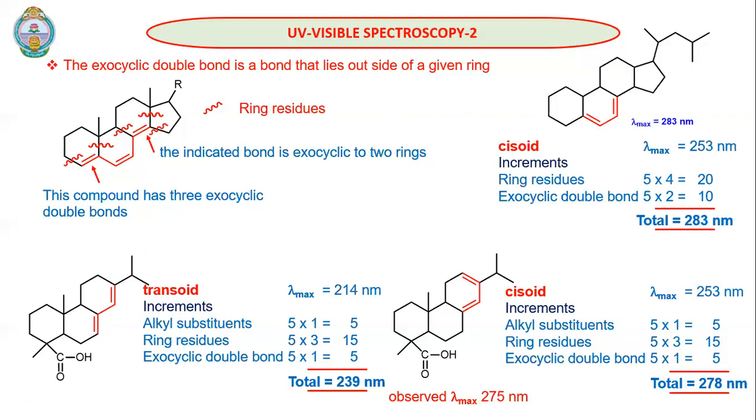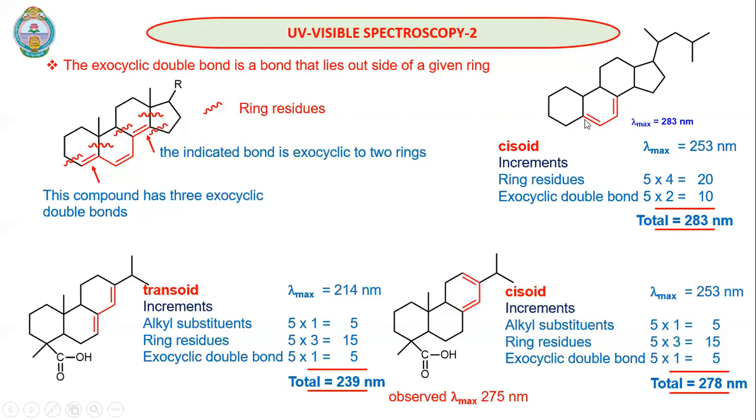Now we will see this example. Again, it is a cisoid because the 2 double bonds are in the same ring. So lambda maximum for the cisoid is 253 nanometers. And we have 1, 2, 3, 4 ring residues, so 5 into 4, 20.